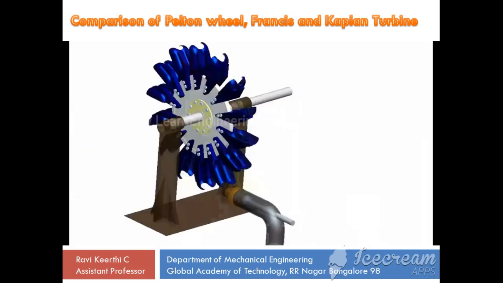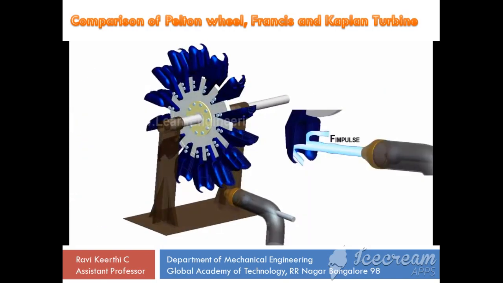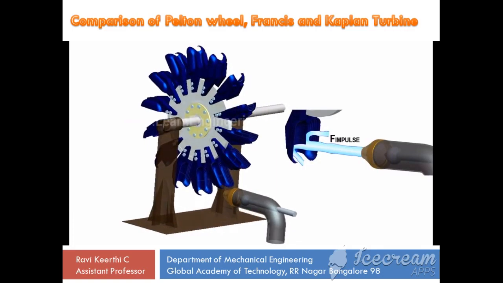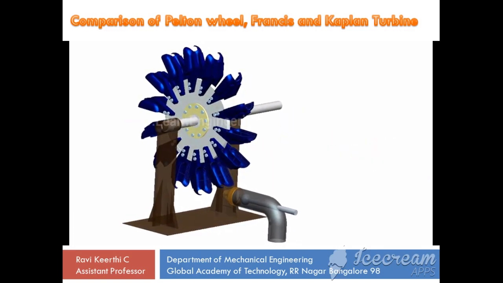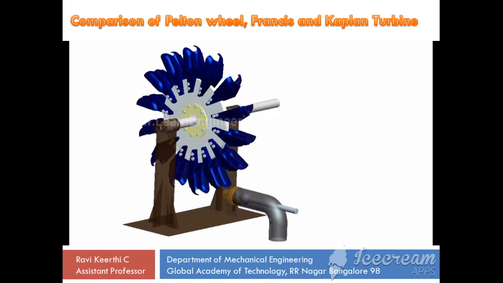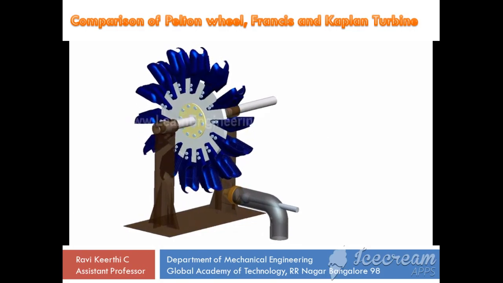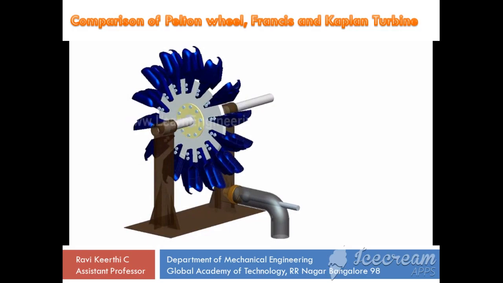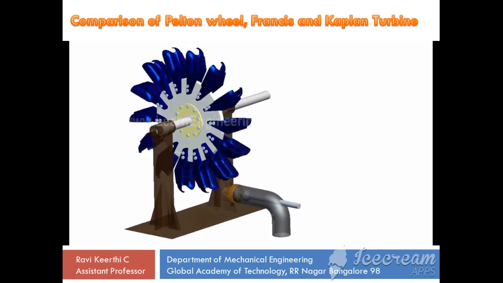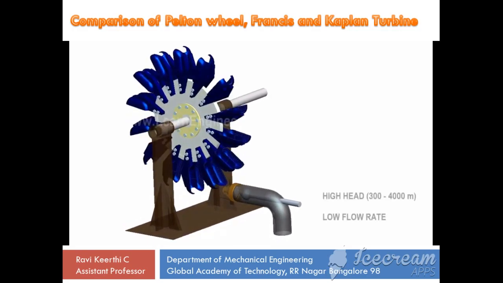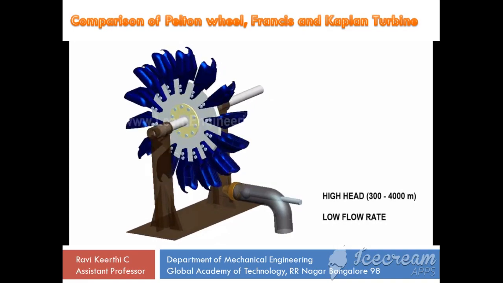In Pelton, pure impulse force of the water jet is responsible for rotation of the impeller. Water stored at high altitude can produce high impulse force due to its high velocity. So Pelton turbines are suitable for operation when water energy is available at high head and low flow rate.